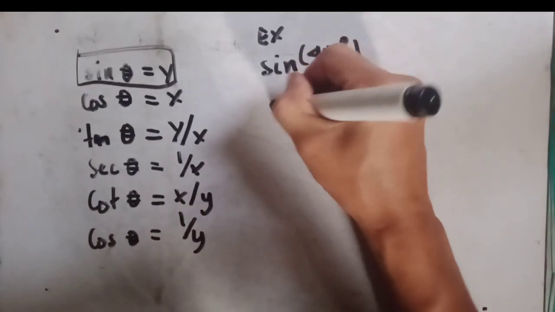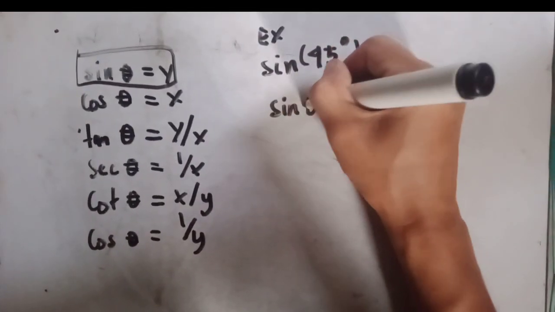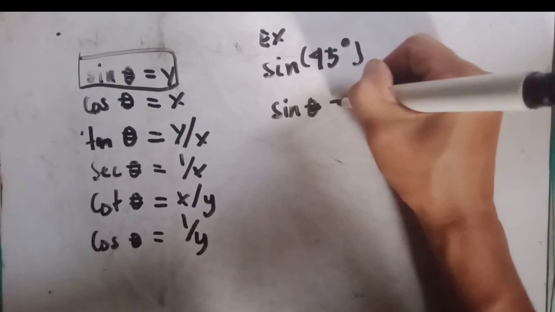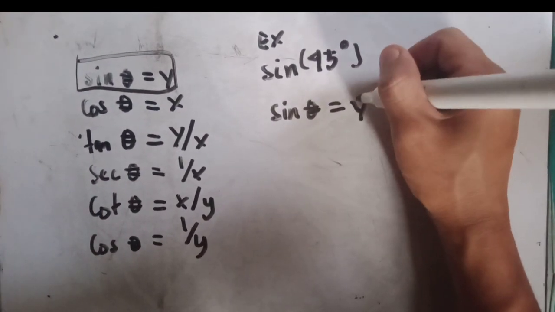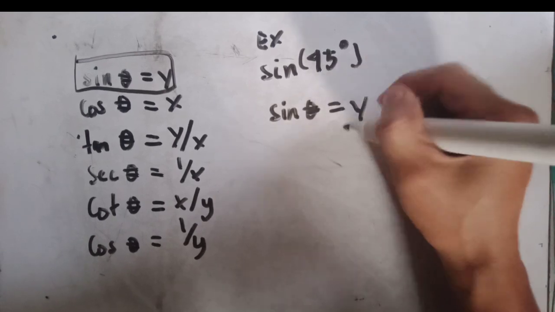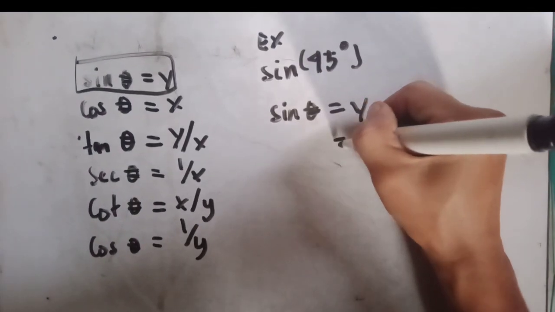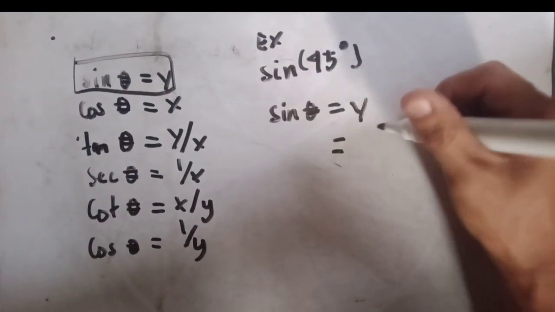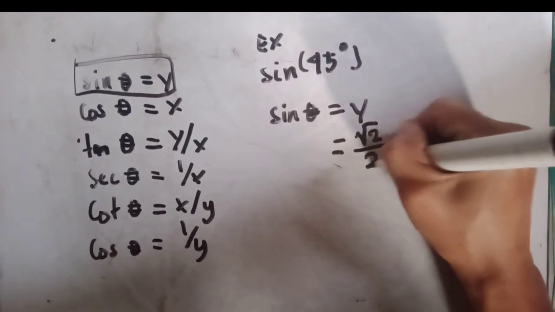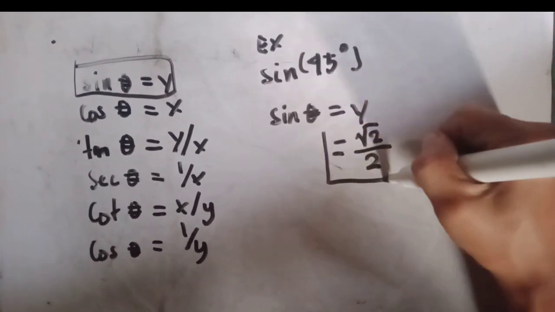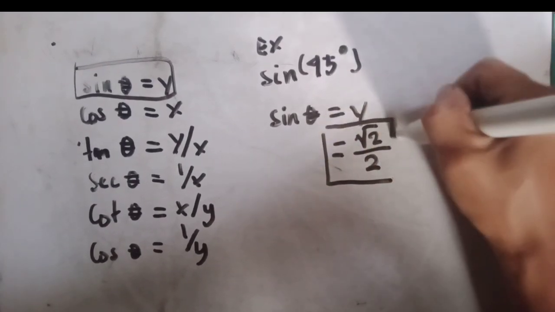So sine theta is equal to y. So using the unit circle, we will locate the value of y of 45 degrees, and it is square root of 2 over 2. So here is the sine of 45 degrees.